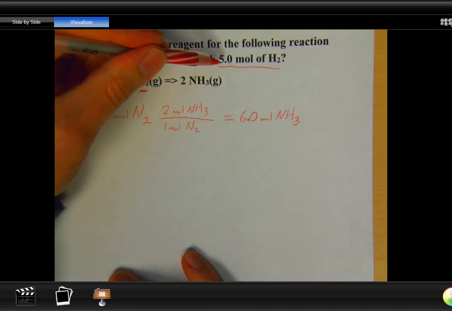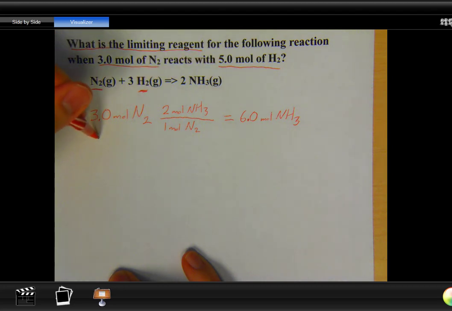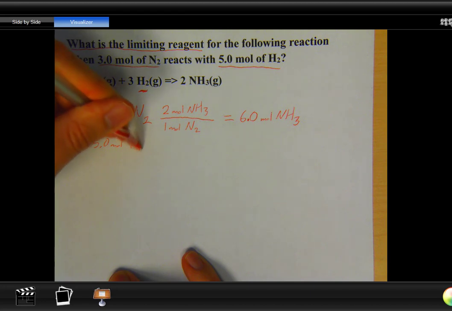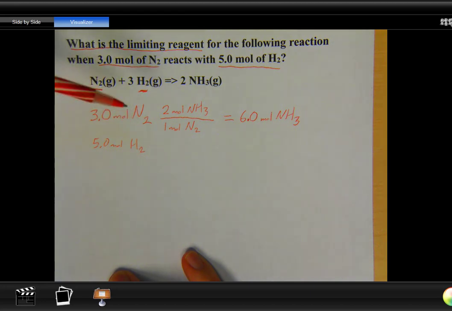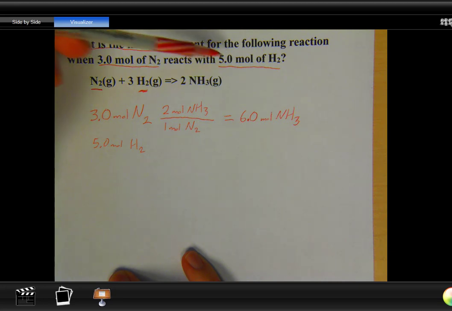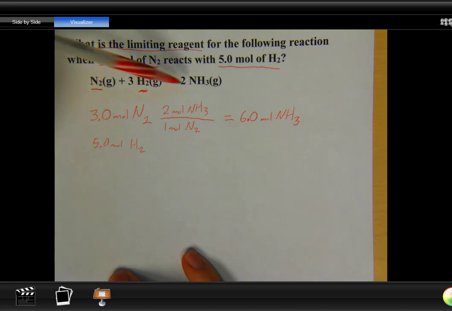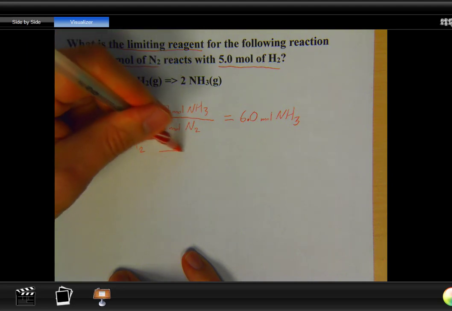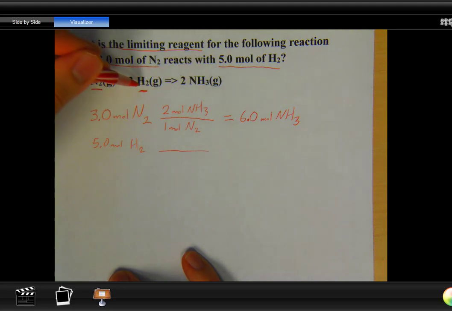We're also given 5.0 moles of H2. As you're doing these calculations, remember that you're taking the moles provided up here as your starting point, and then the stoichiometric coefficients as your conversion factor. So 5 moles of H2.